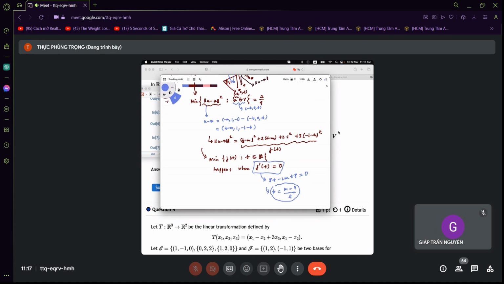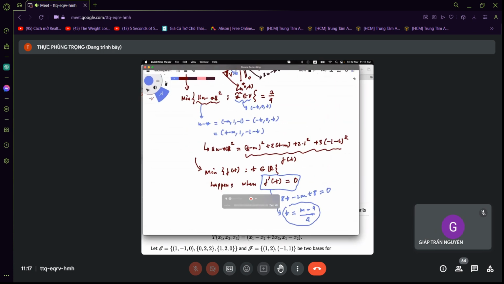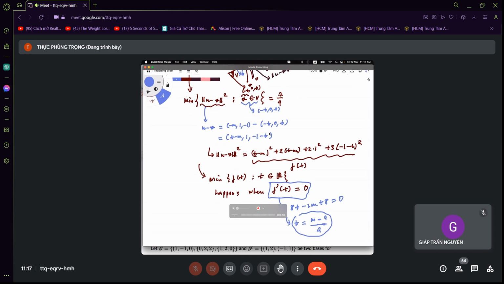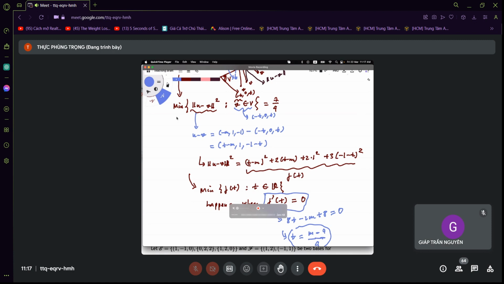Now let me go back a little bit, not so much to the beginning, but I focus on this one. The question is just to find m so that the min right here is exactly 5 over 4, right? But we know that the min right here is the min of f of t, and f of t is exactly the norm of u minus v squared.